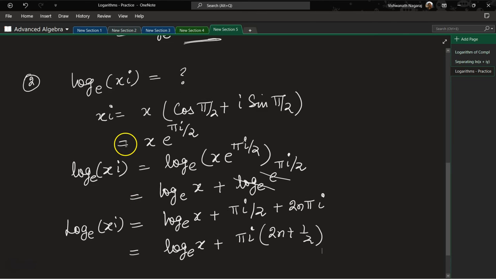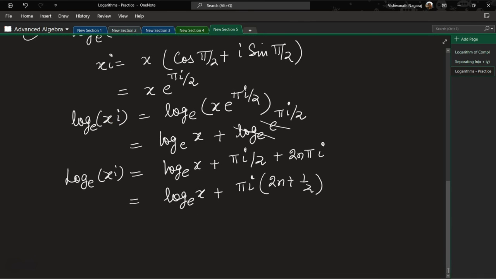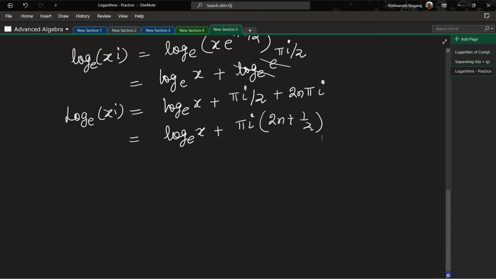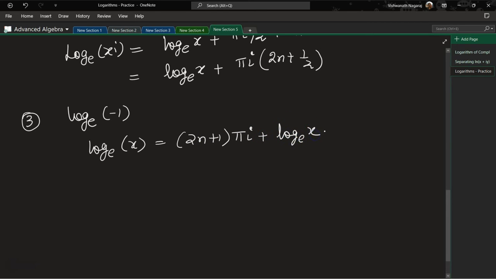So we have seen it for a negative number and we have seen it for a purely imaginary number. Let's do some problems based on this. Let's say we want to figure out the log to the base e of minus 1. What will this be? Remember, we have seen that log e of minus x is equal to 2n plus 1 pi i plus log e x.